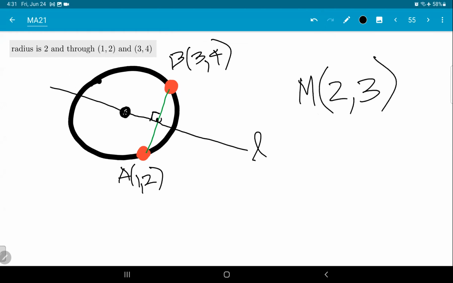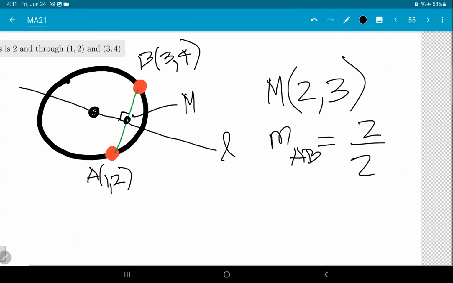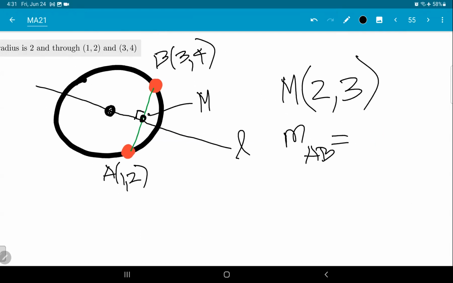That's M. Okay? And then, we get the slope of the perpendicular using AB. The slope of AB, so do the math, (4 minus 2) over (3 minus 1), 2 over 2, so 1. So yung slope ng perpendicular is negative 1. Negative reciprocal, di ba?